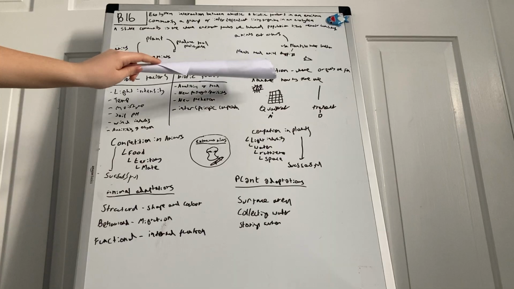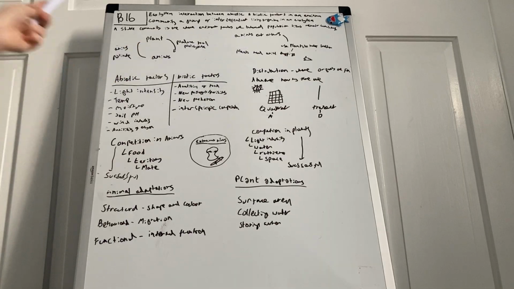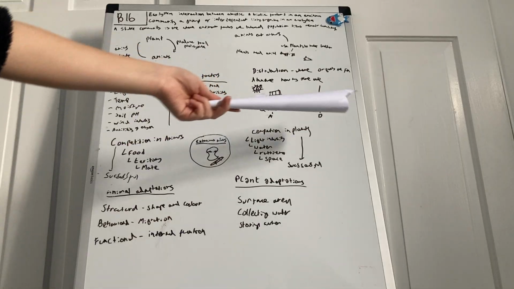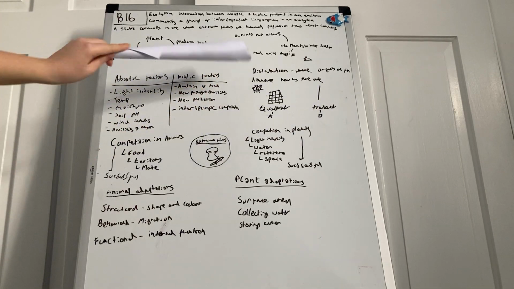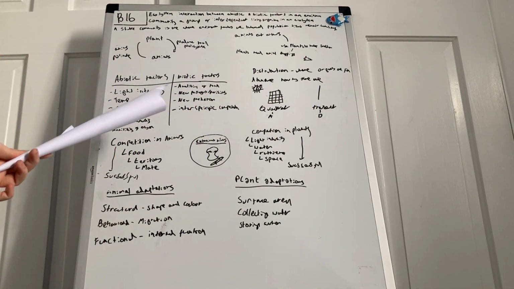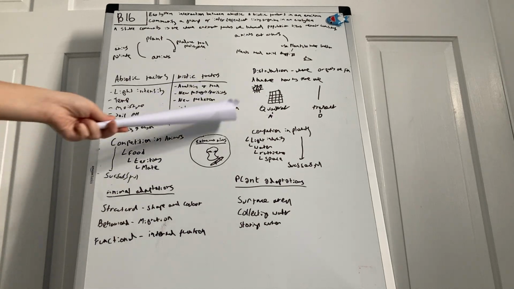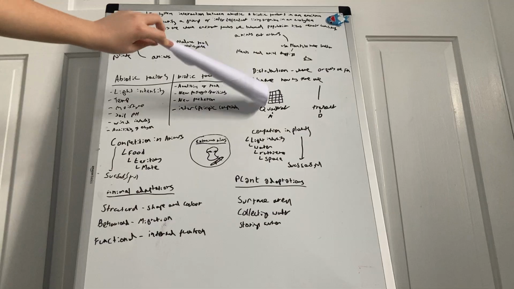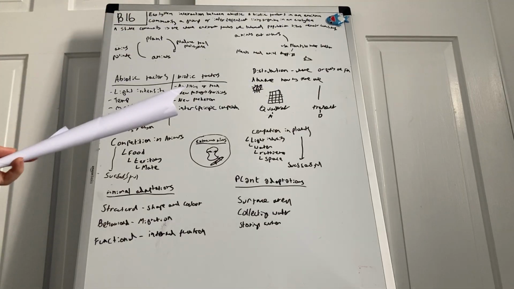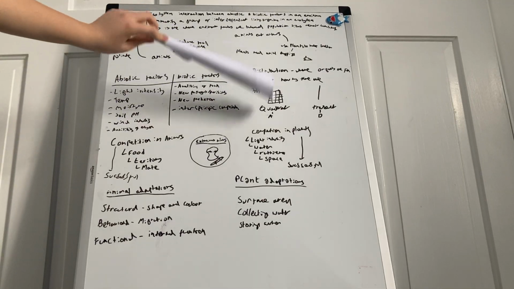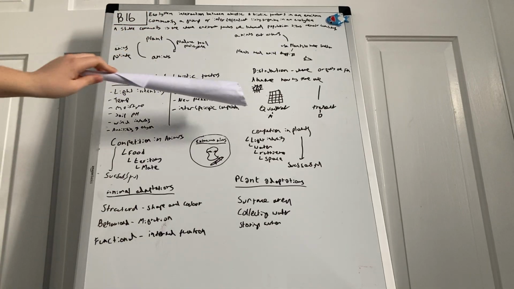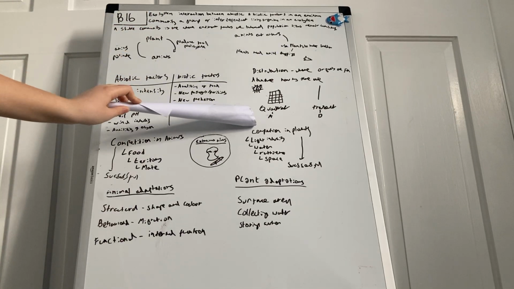I won't go over it in super detail, but basically you have different tools to measure the distribution and abundance in an ecosystem. A quadrat is a little wooden frame, often with little grids going across it this way and that way, and that is used to measure abundance.